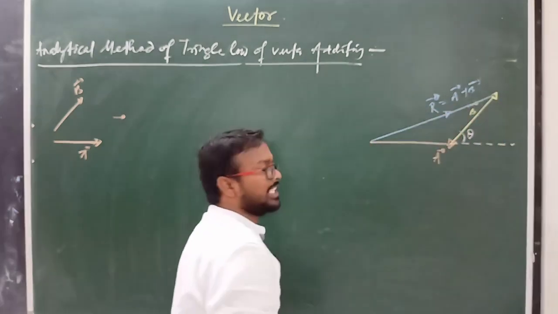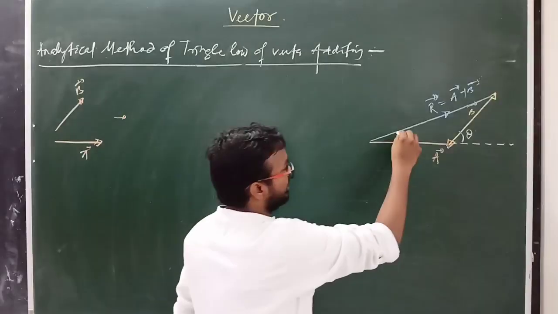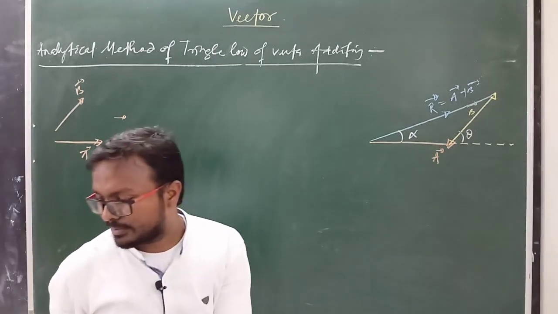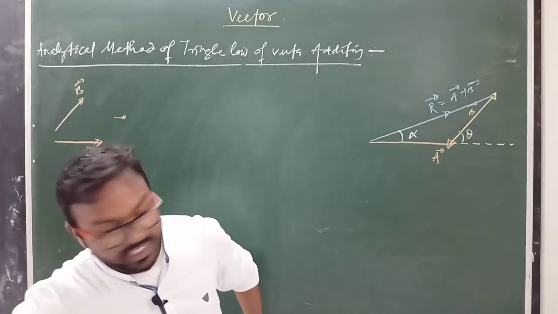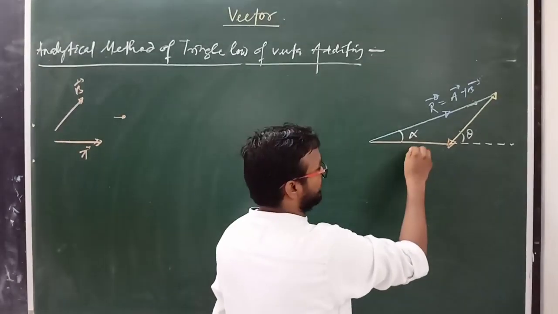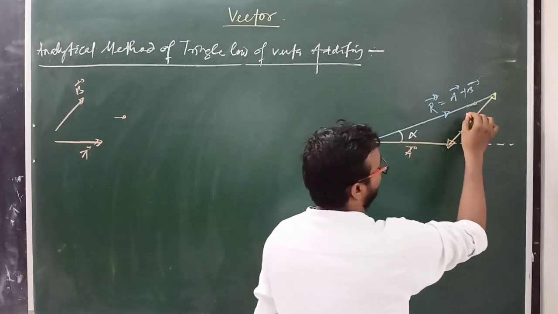Now we have to find magnitude and direction, and this angle, suppose alpha, gives the direction of the resultant vector from A vector. Clear? And now draw a perpendicular. This vector is vector A and this vector is B vector.